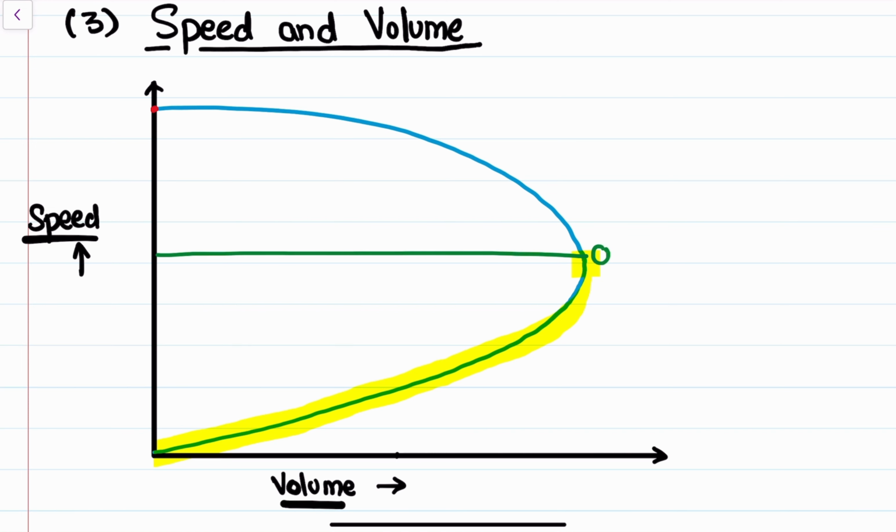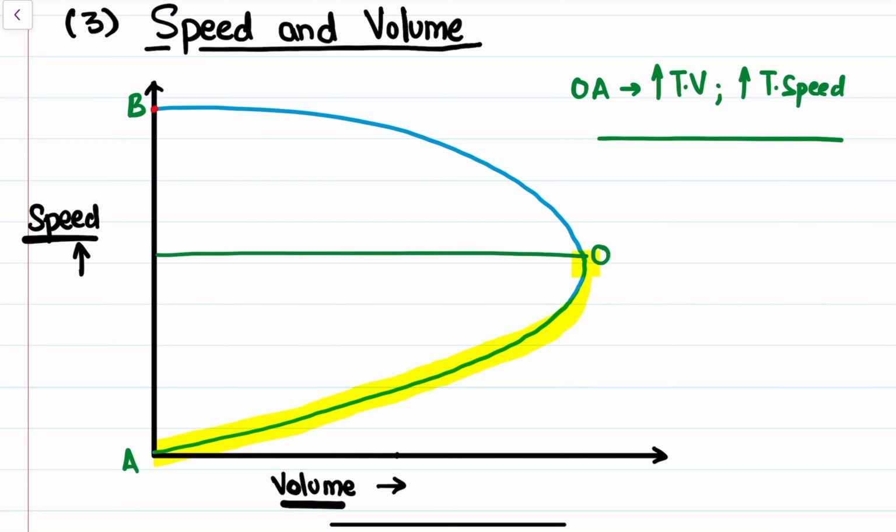Let's say this is point O, this is A, this is B. From O to A, we are observing that with an increase in traffic volume, there is an increase in traffic speed. Now let us see what is happening in actual road condition.